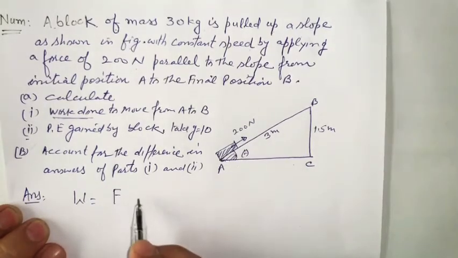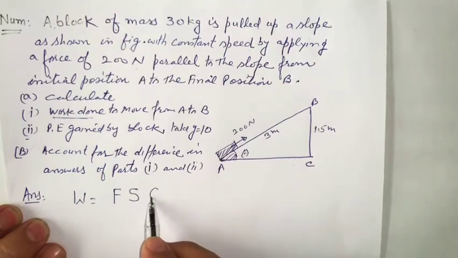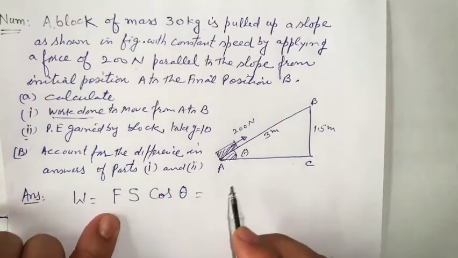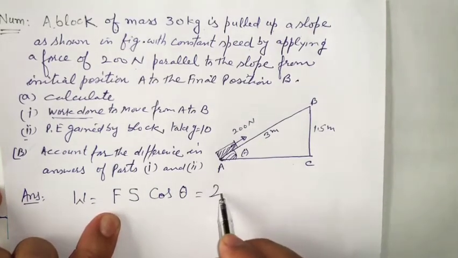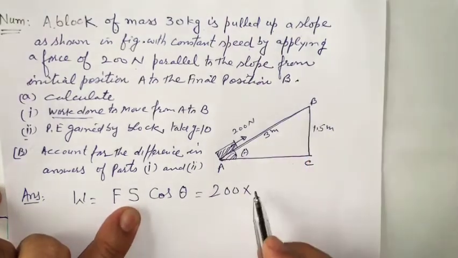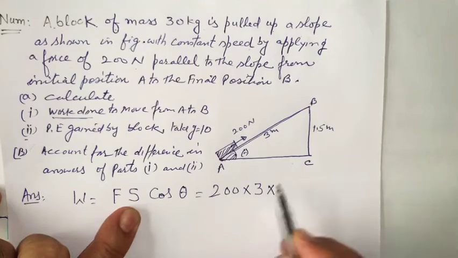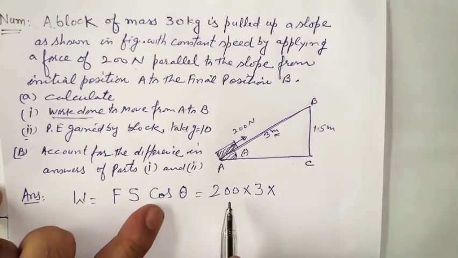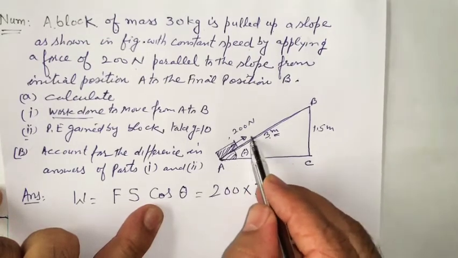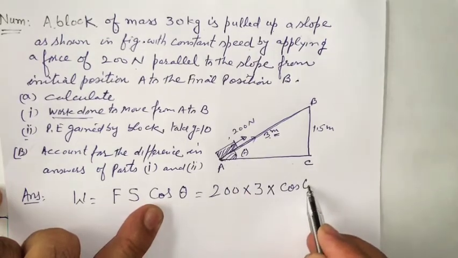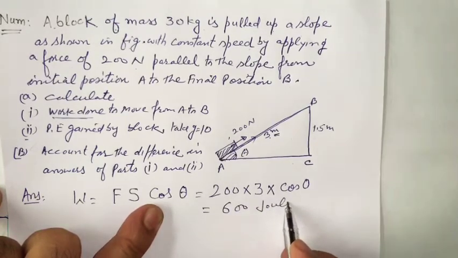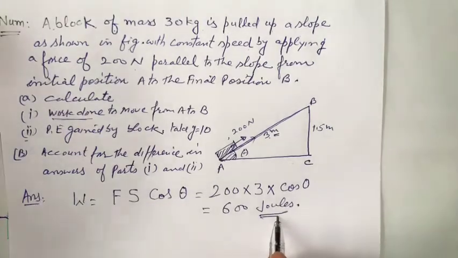Work is force into S into cos theta. Force is given 200. S is given, that is 3 meter. But the angle between the F and the S, because both are in the same direction, is cos of 0. So the answer is 600 joules. This is the first.